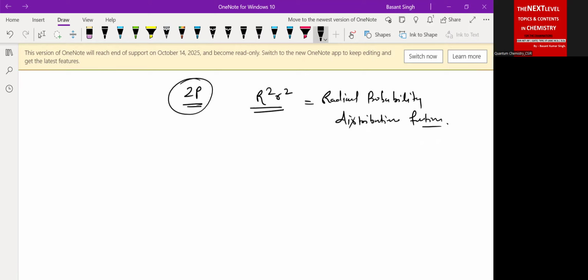So there is no need of 4 pi here. So 4 pi r square for the 2p state is also not a valid function. R square is sufficient to describe the radial distribution function or radial probability distribution function. Hence you can check for 3D also.